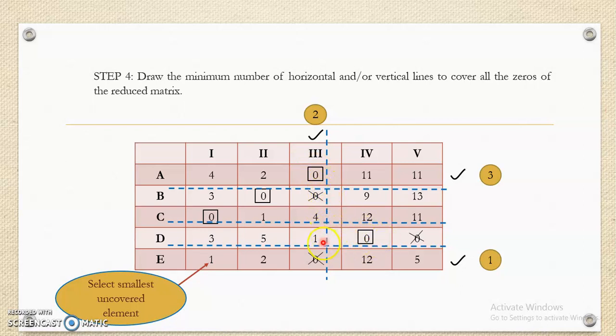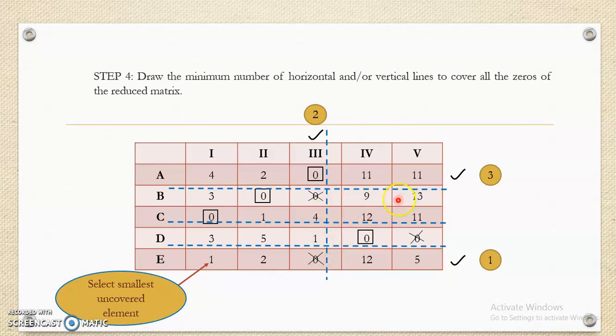But there is a certain procedure which will have uniformity for further problems. How to draw the lines? We can also draw the lines directly, but it requires a little practice and experience. But let us go with the routine procedure of how to draw these lines.